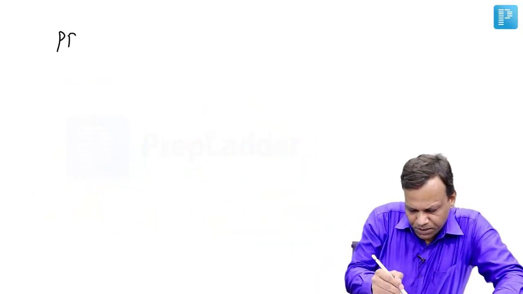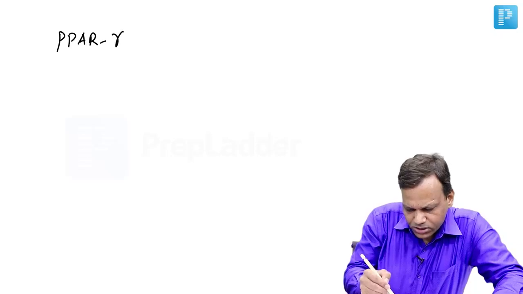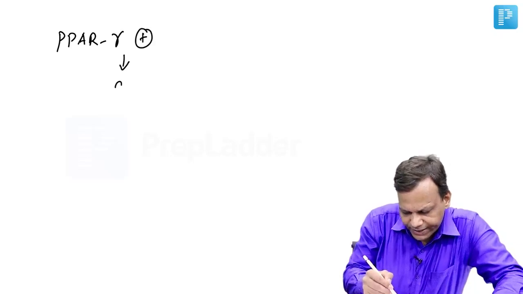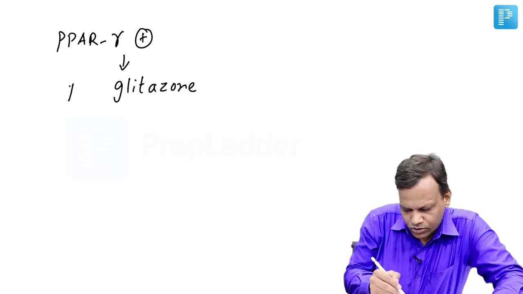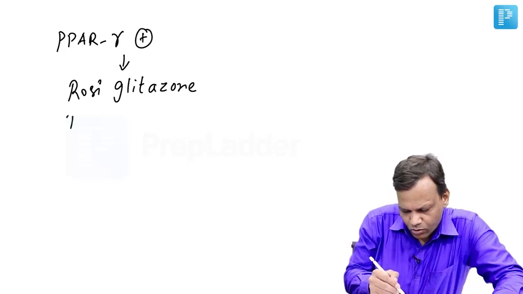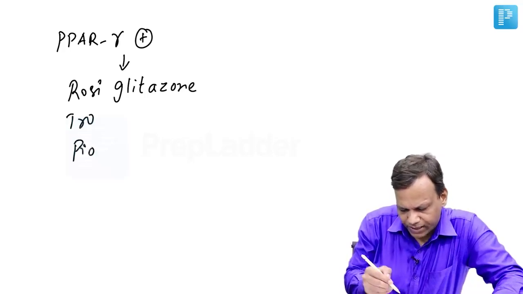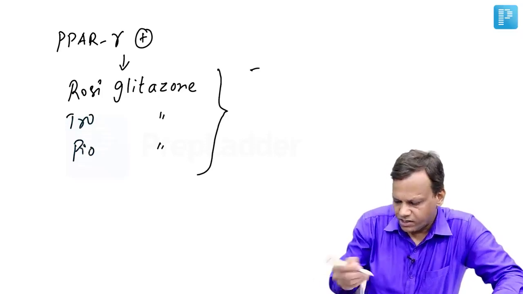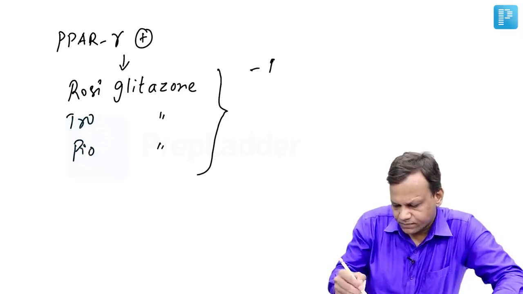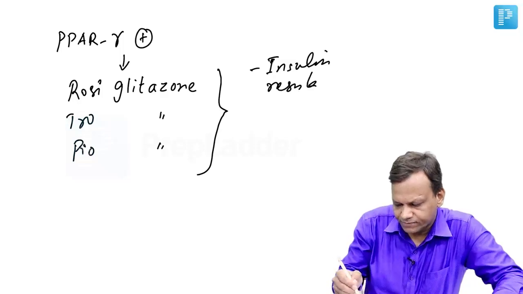Then the second group of drugs are known as PPAR gamma agonists. Their names end with glitazone, like rosiglitazone, troglitazone, and pioglitazone. Glitazones reverse insulin resistance.